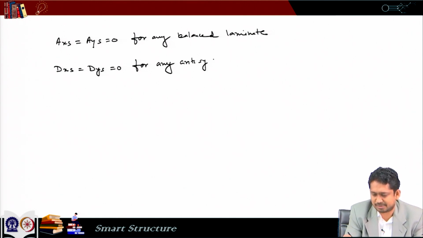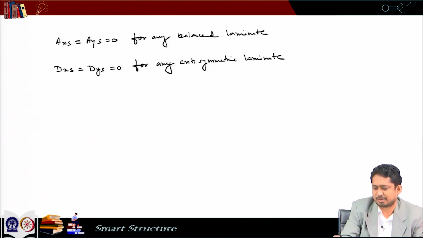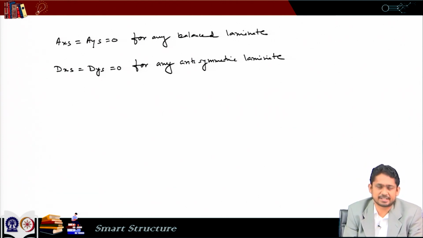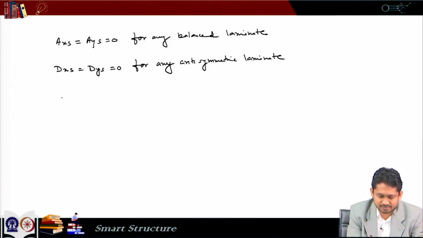So, in an antisymmetric laminate, there is no coupling between the bending and the twisting components. Sometimes this coupling is desirable, sometimes not, and accordingly we can design our laminates. That is what gives us tremendous design flexibility when we use a composite material.